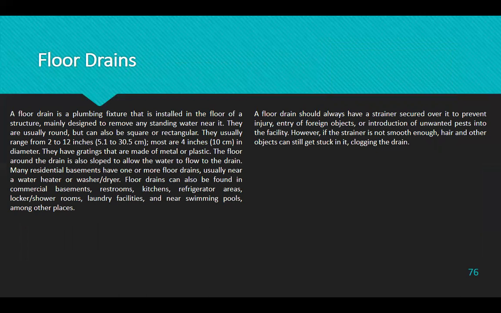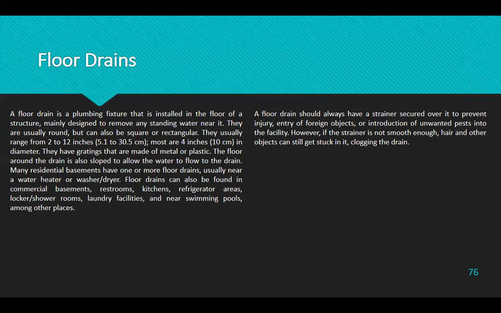Next, floor drain. What is a floor drain? It is important in drainage. A floor drain is a plumbing fixture that is installed in the floor of a structure, mainly designed to remove standing water near it. Water that has stacked up. They are usually round but can also be square or rectangular. They usually range from 2 to 12 inches.